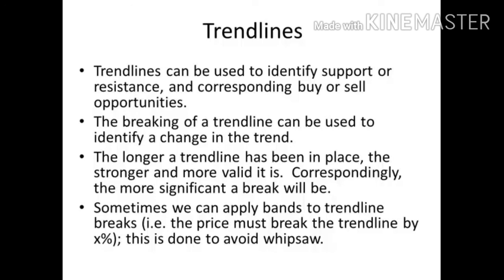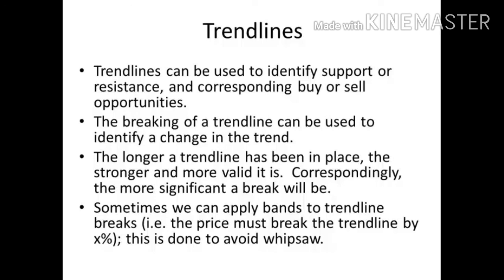Now, one of the other tools we can use with trend lines is to apply bands. If we're talking about breaking a trend line, we can, for example, apply a band to the break, right? So we can say that the price doesn't necessarily need to just cross the trend line, but it needs to cross it by more than X%. So for example, 1%, right?